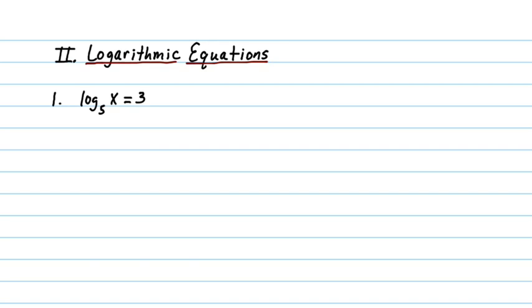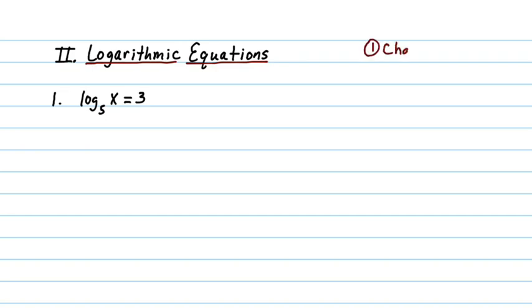So for this first problem, we have the log base 5 of x is equal to 3. So this is just a basic logarithmic equation, and it's got the basic three parts: the base, the exponent, and what I call the answer. And it makes a lot of sense because we really don't have any way to solve this for x other than to try changing it to exponential form.